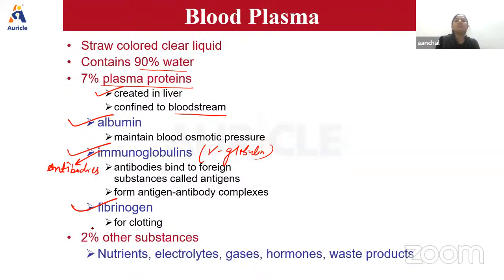Fibrinogen is responsible for the clotting process. In the rest 2%, we have nutrients, electrolytes, gases, hormones, and some waste products. So, 90% is water, 7% is plasma protein, and 2% are other substances.